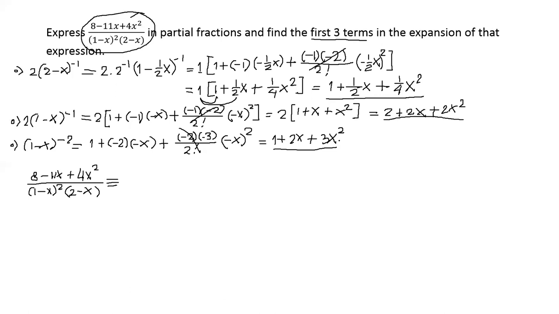So we have to add 1, 2, 1. 1 plus 2 plus 1 equals 4, and a half x plus 2x plus 2x equals 4.5x, and then a quarter x squared plus 2x squared plus 3x squared, 5 and a quarter x squared.